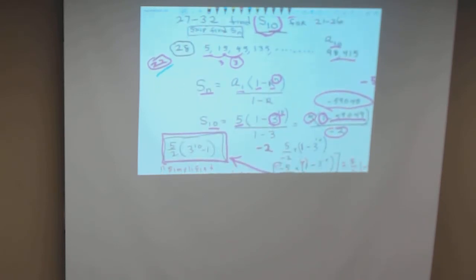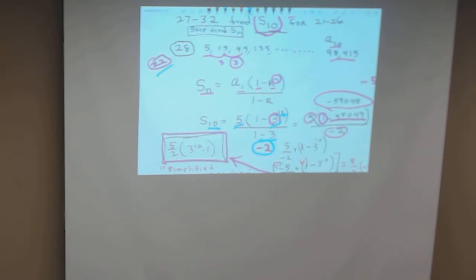So for number 22, S sub 10, the first term is 5. The common ratio is 3. And so it's 1 minus 3 to the 10th power divided by 1 minus 3. Everybody see where I'm getting my numbers? So I have 5. I don't need to work all that out. 1 minus 3 is negative 2.